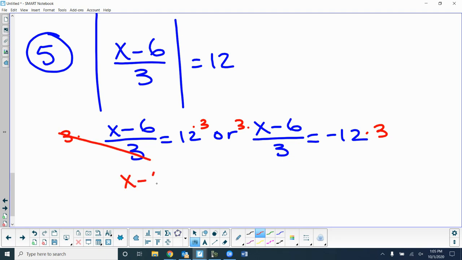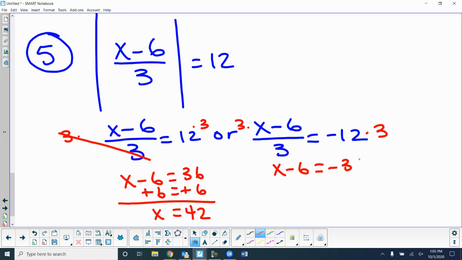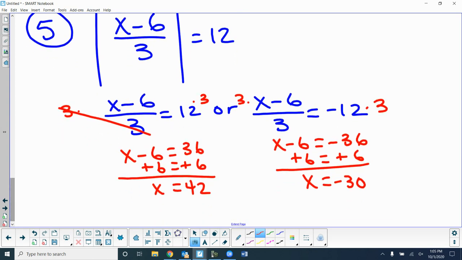So I get x minus 6 equals 36, add 6, and we get 42. And then x minus 6 equals negative 36, add 6 again, so we get negative 30. So there's my 2 answers. Number 5. Simple.